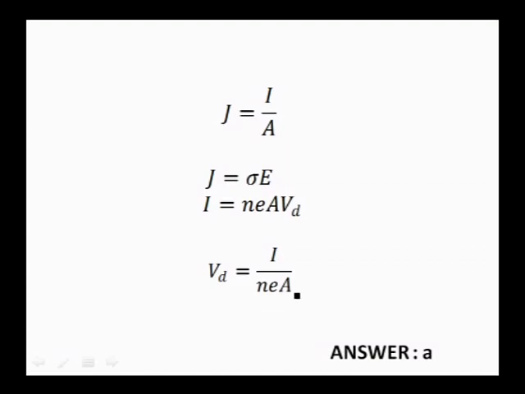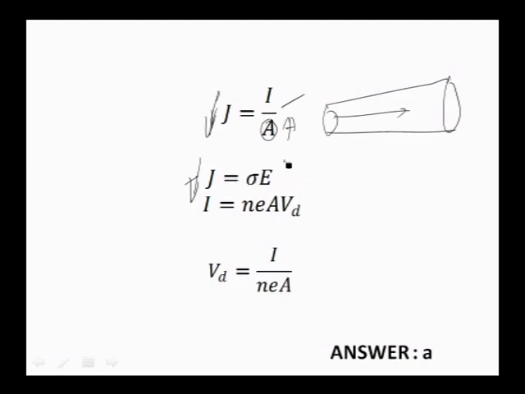So, in this case, area goes on increasing, if you move like this, area increases. If area increases, the current density decreases. Okay, here current density decreases, electric field decreases. Here, this is VD, drift velocity.